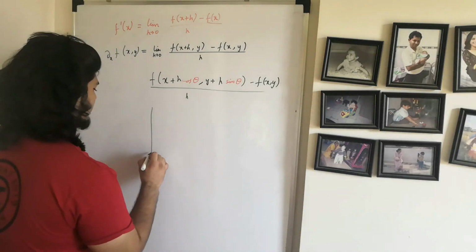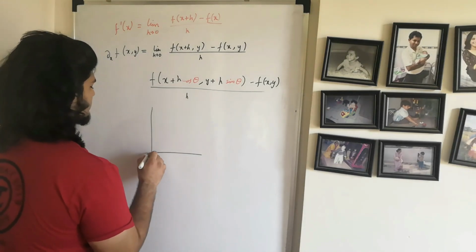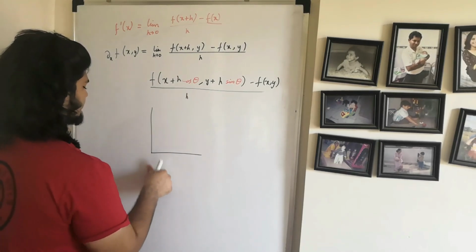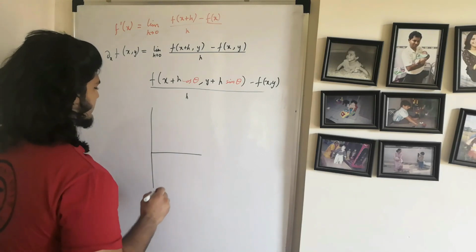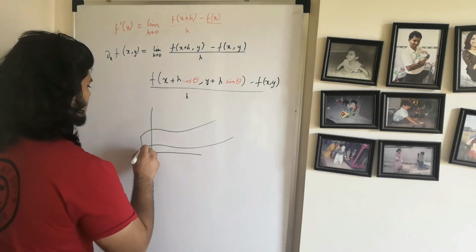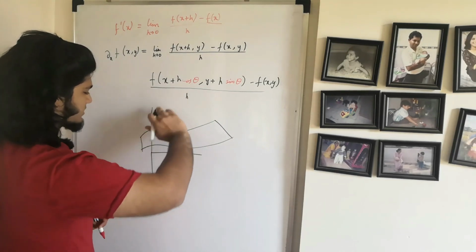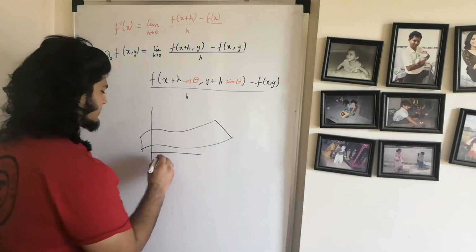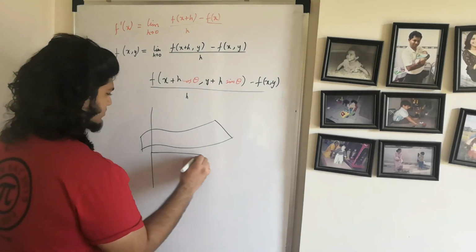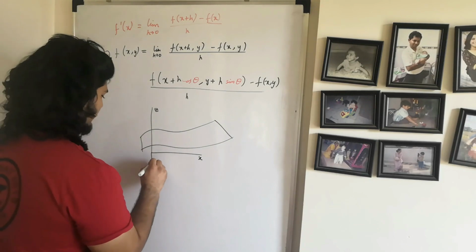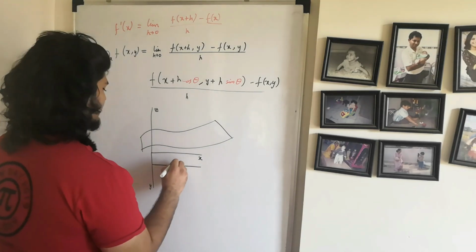So if you have a 3D function f of x y, so z equals f of x y, let's say the graph looks something like this. So this is a surface above the xy plane. What the partial derivative does is it keeps y constant. So this is the x-axis, y-axis, z-axis. It keeps y constant at a value, and then it changes x.